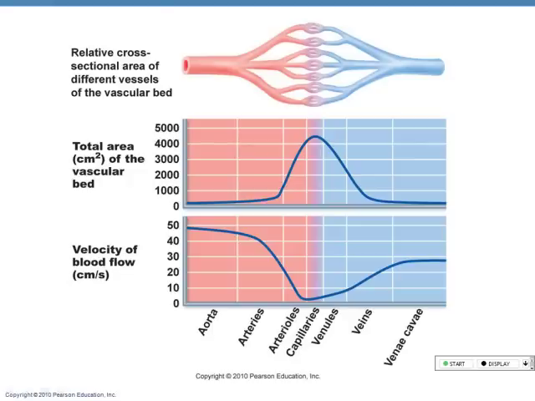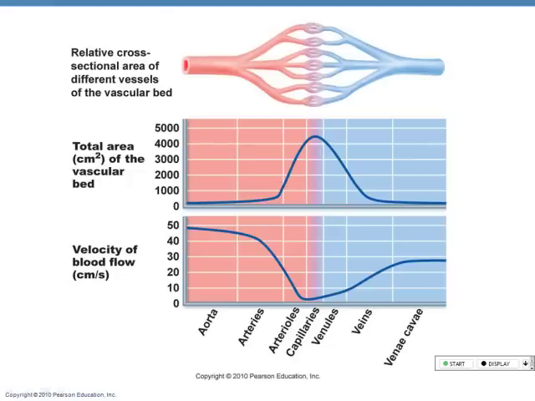The total area, how much we have there in the beds, is going to increase quite a bit in the capillary region. Look at all those branches, and what was that thing that I had, a branch off of a major vessel to feed a bunch of areas, began with an A. We talked about it last class. Anybody? Nobody? Anastomosis. Very good.